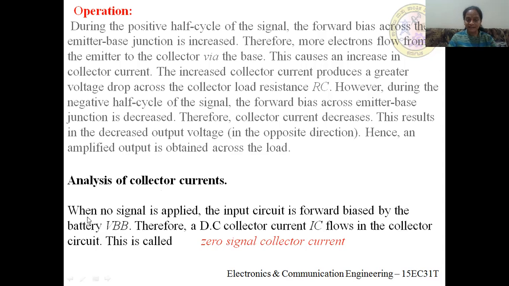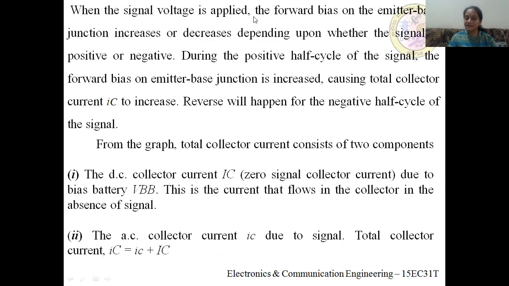When no signal is applied, the input circuit is forward biased by the battery VBB, so the DC collector current IC flows in the collector circuit, and this is called the zero signal collector current. When the signal is applied, the forward bias on the emitter junction changes depending upon whether the signal is positive or negative.